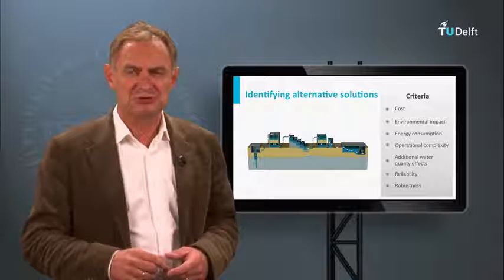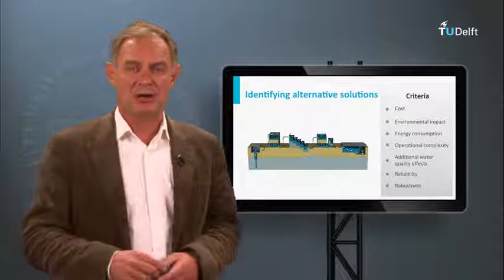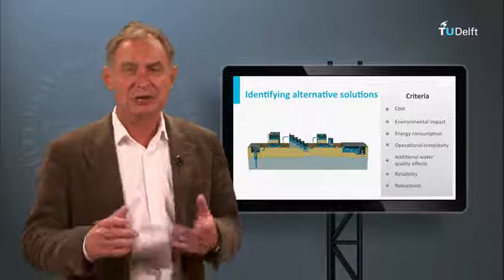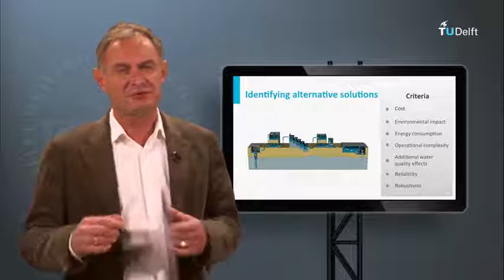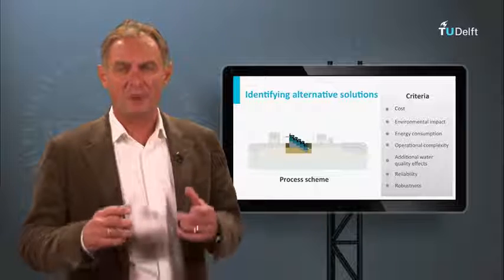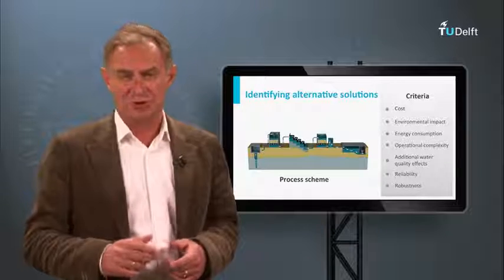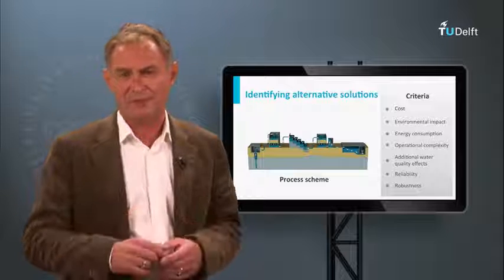Input for this analysis comes from experience at comparable treatment plants or, in case of new technologies, extensive pilot plant research. The chosen alternative is represented in the process scheme. Here the position of the process in the treatment train is shown, sometimes already with an indication of the number of units and the dimensions.